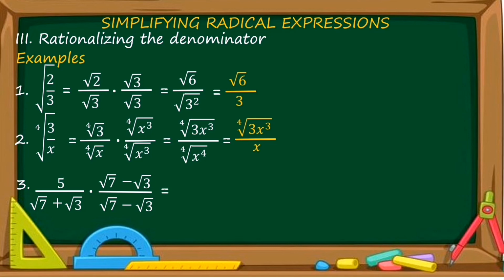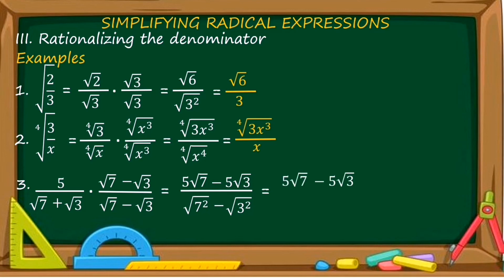It is equal to 5 times square root of 7, that is equal to 5 square root of 7. 5 times negative square root of 3, that is negative 5 square root of 3, over square root of 7 times square root of 7, which is equal to the square root of 7 squared. Then, square root of 3 times negative square root of 3 is equal to negative square root of 3 squared.